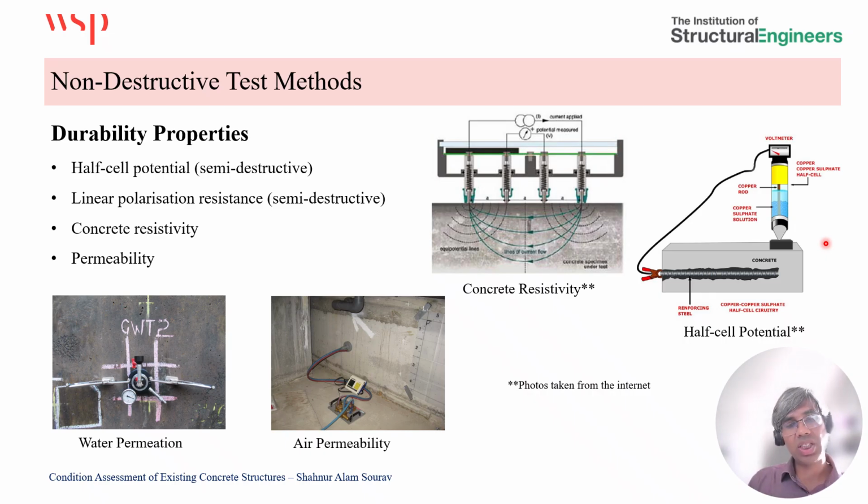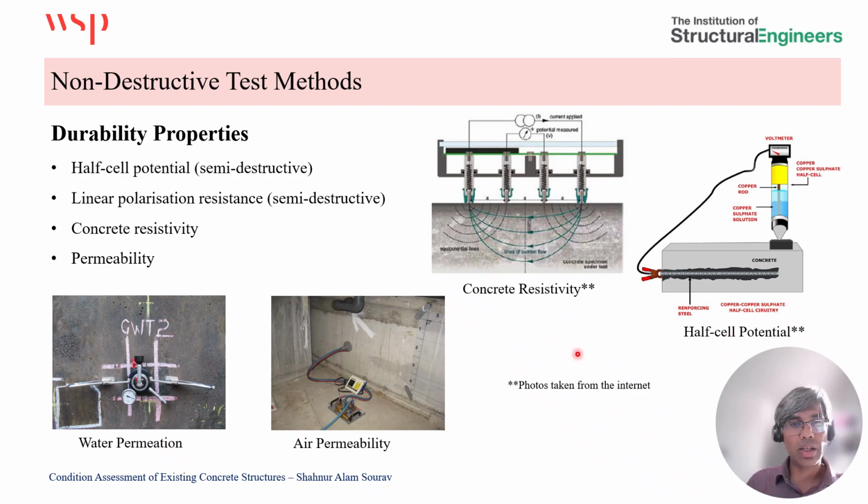If the steel begins to corrode, it will create an electrical potential. In this case, the more negative the voltage reading, the higher the probability of active corrosion. So we can use it to determine whether the reinforcement is actually corroding within the concrete. However, it does not provide the rate of reaction.